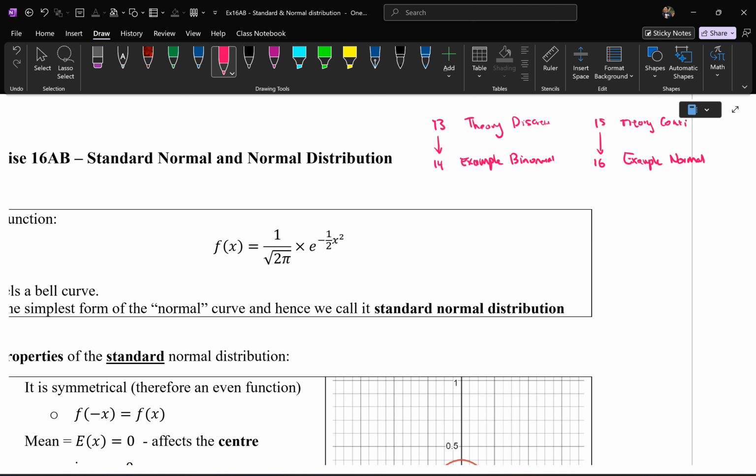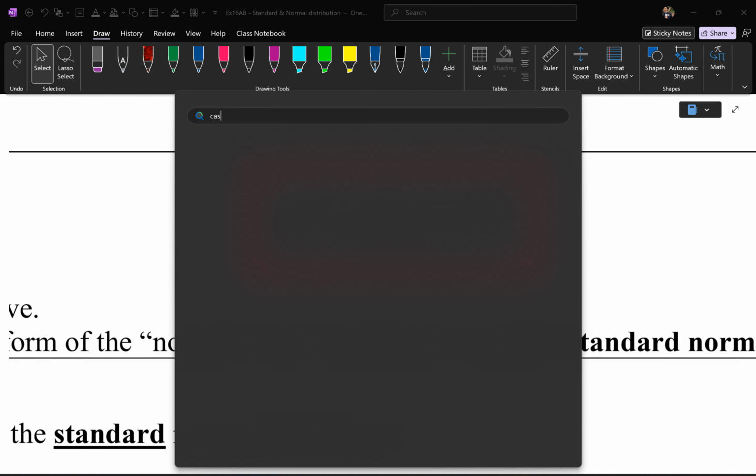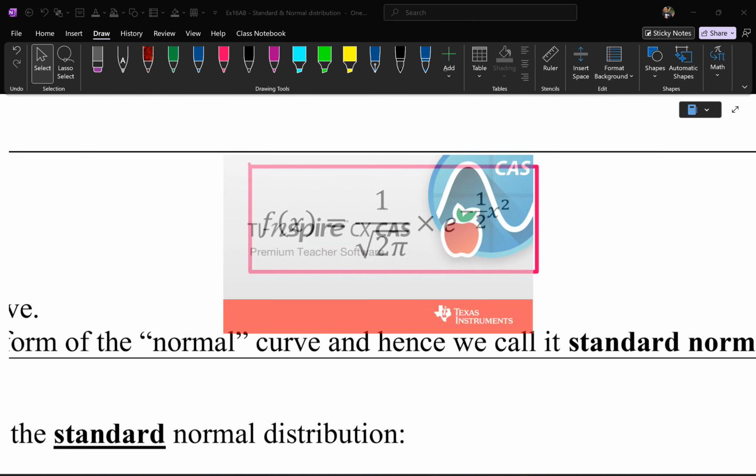Okay, here we go. So, normal distribution. This is the function. Looks scary, looks nasty. Do you need to memorize it? No, they'll likely give it to you if they wanted you to use it. When you type on your calculator and you use binom CDF, binom PDF, there is also a function called norm CDF.